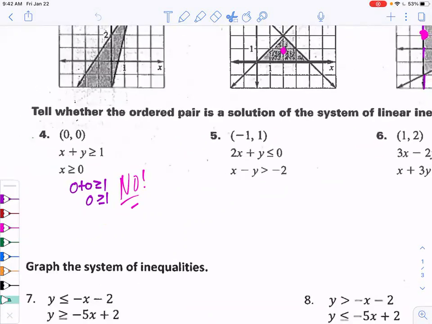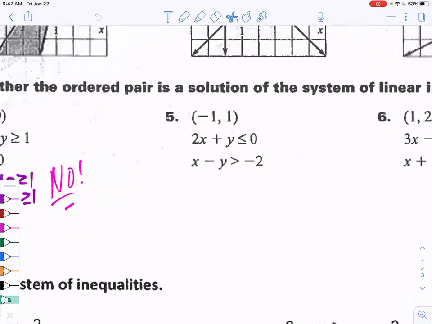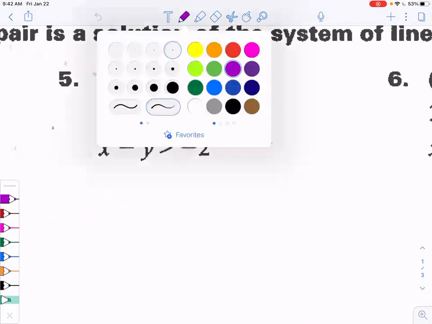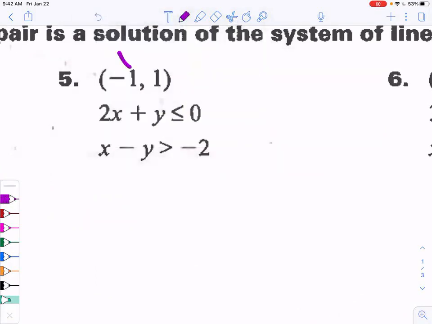Tell whether the ordered pair is a solution of the system. The ordered pair that we're given in this case is -1, 1. When we're given an ordered pair, that ordered pair represents x and y. And if you're deciding if it's a solution, that means you need to plug it in.